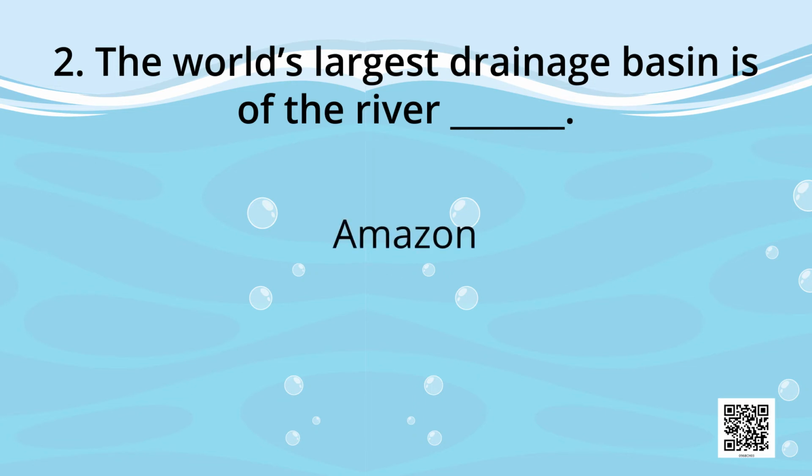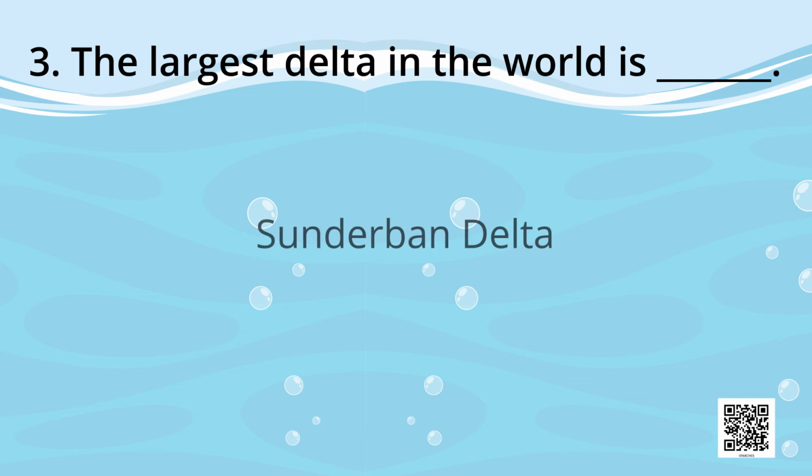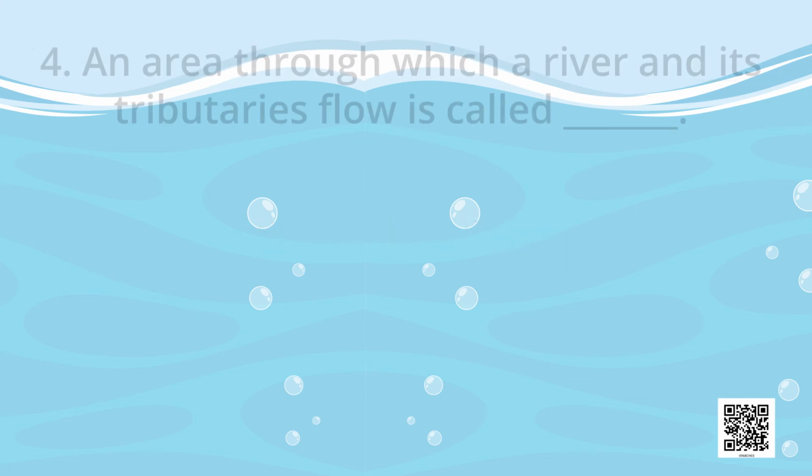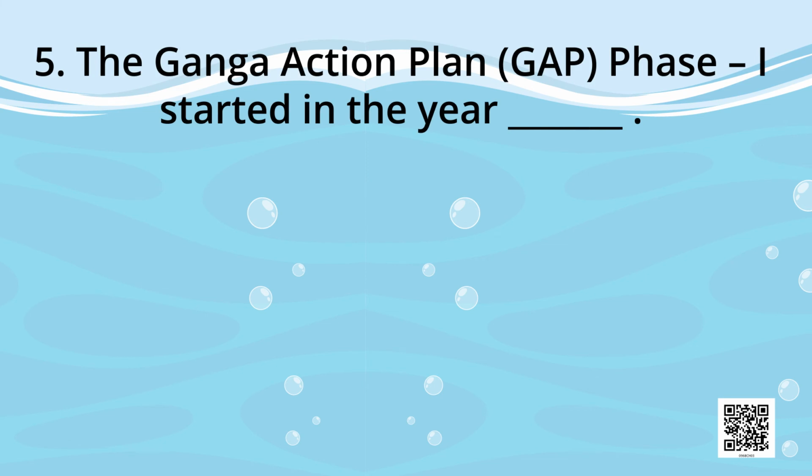Very good. Question number 3. The largest delta in the world is the Sundarban Delta. Very good. Next, an area through which a river and its tributaries flow is called a basin. The Ganga Action Plan Phase 1 started in the year 1985. Very good.